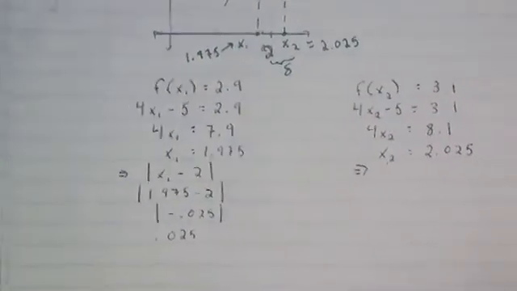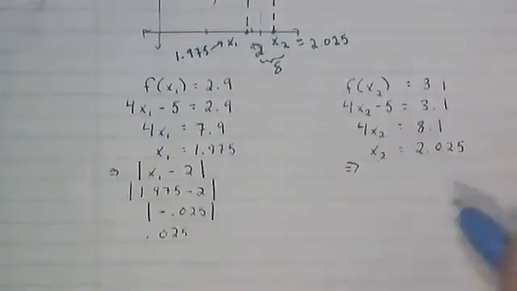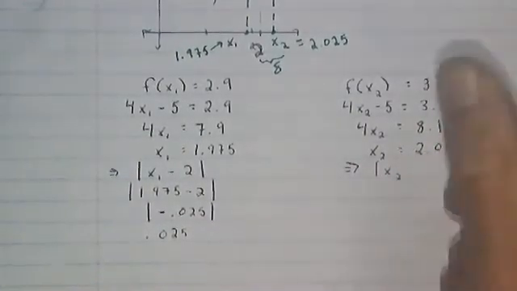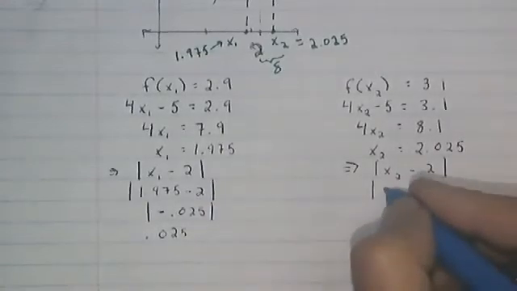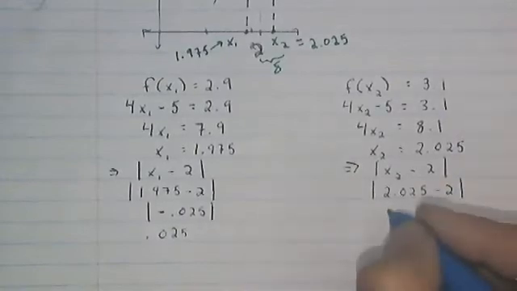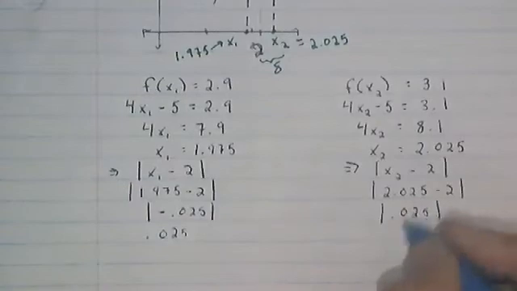So the difference here is what we're after. And we get a similar one over here. The difference between x sub 2 and 2 is the difference between 2.025 and 2. This turns out to be positive inside the absolute value.